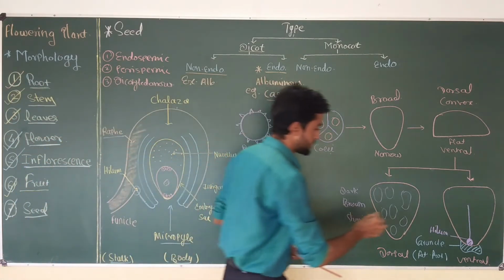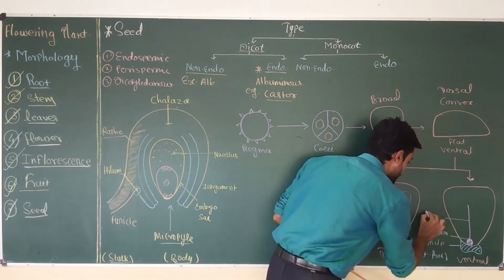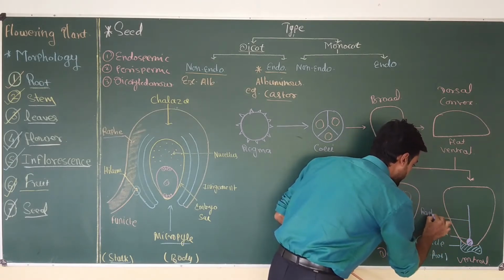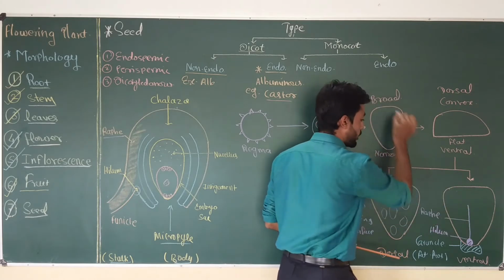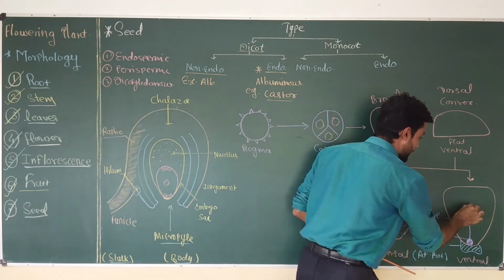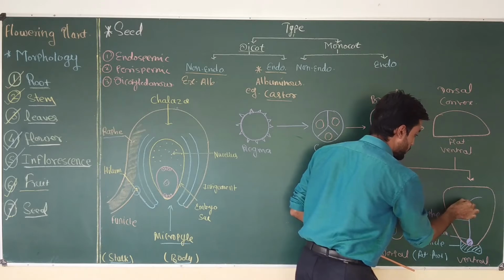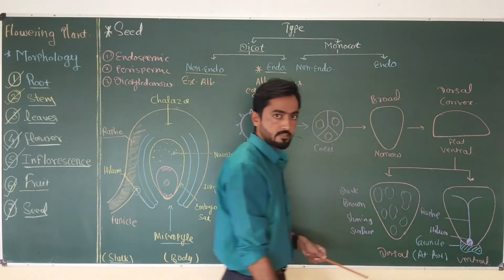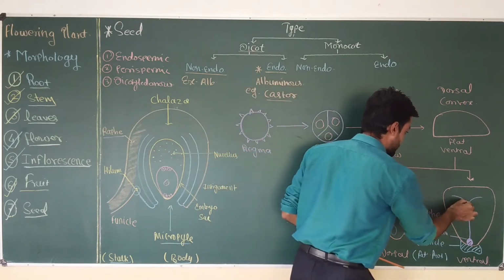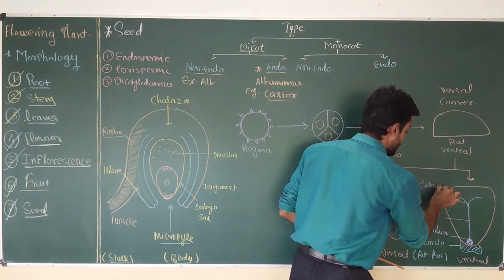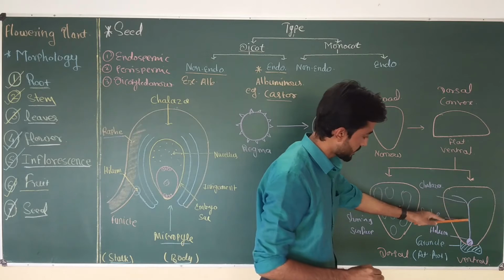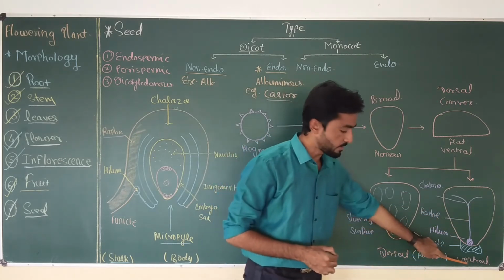Okay, so this is the rape. And now at the broad end of the seed, this straight line divides into two lines, and this point is called chalaza. So all these types of structures are visible at the ventral side of the seed.